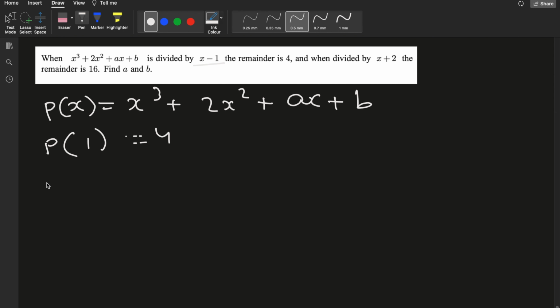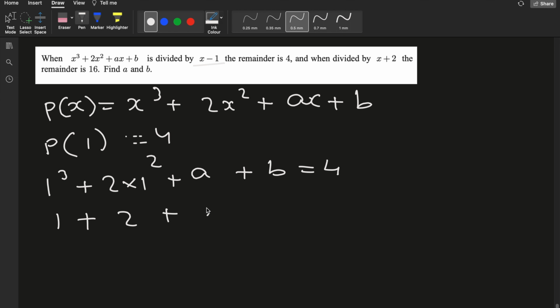Therefore 1 cubed plus 2 into 1 squared plus a plus b equals 4. So we get 1 plus 2 plus a plus b equals 4. So a plus b equals 1.